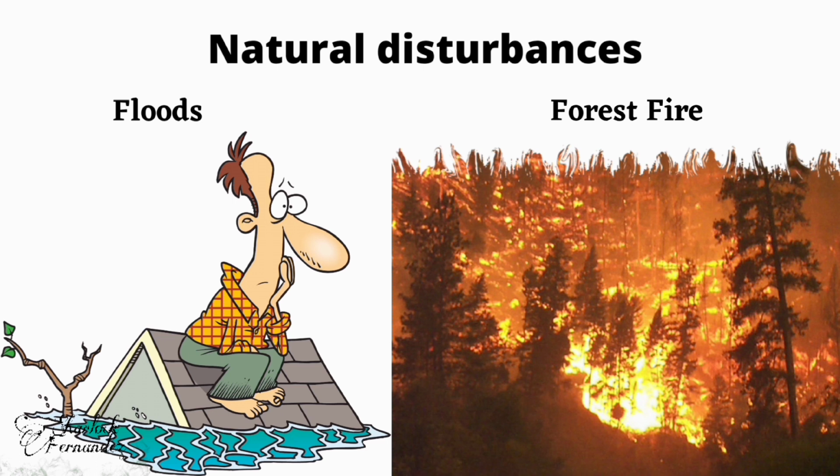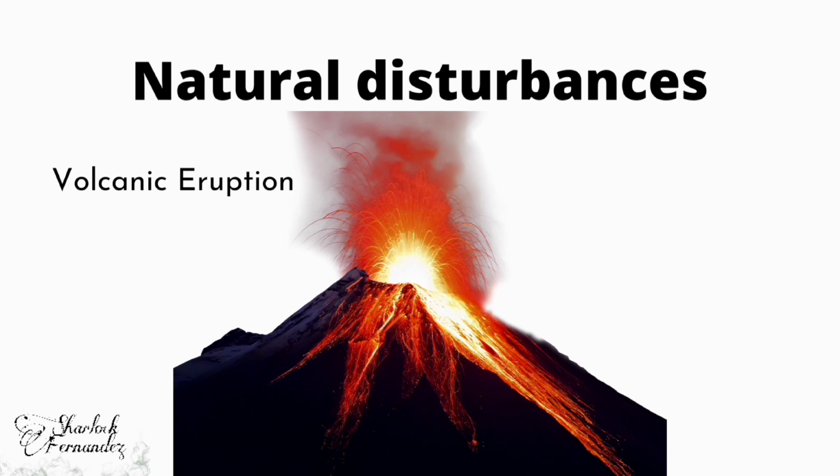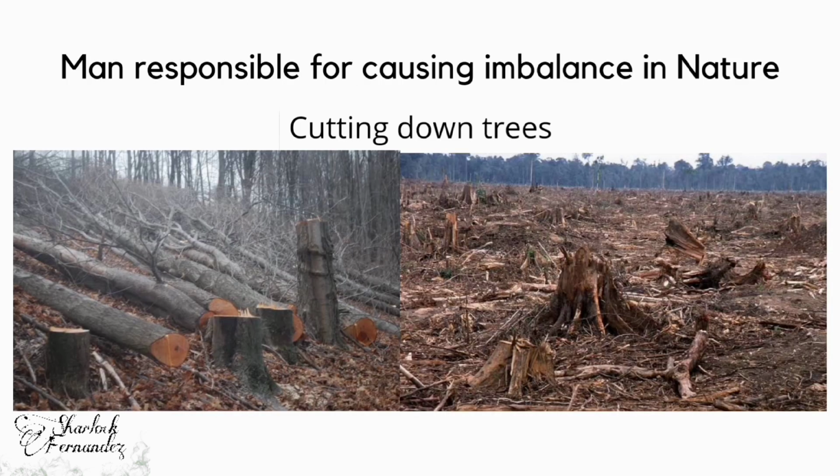The natural disturbances we have are floods, forest fires, heavy storms. A heavy storm is a violent outbreak of thunder and lightning accompanied by rain. A volcanic eruption occurs when magma is released from a volcano.